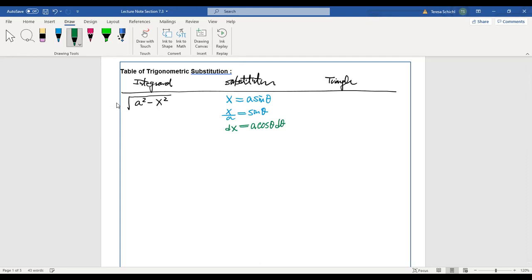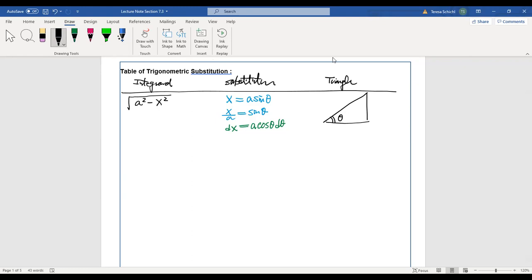All right. And then, what is a square minus x square going to be? Now this is where the triangle is going to help you. When we practice the problems, you will always use the triangle to help you.